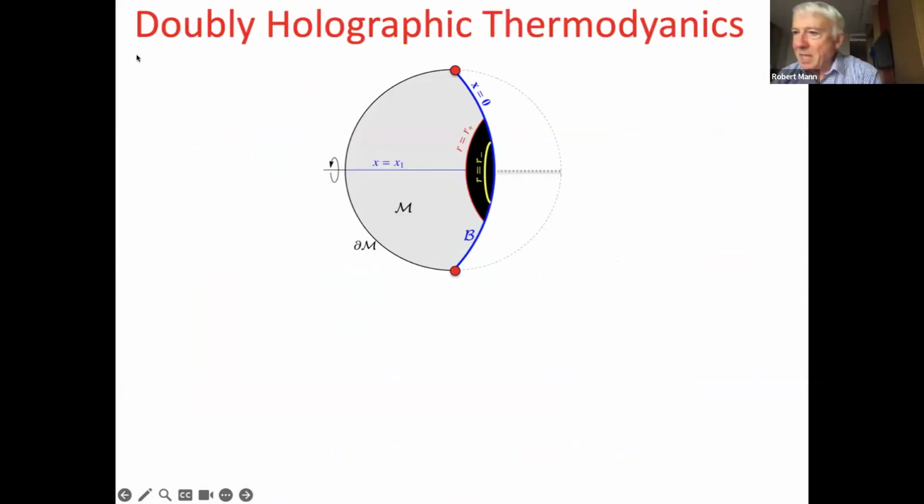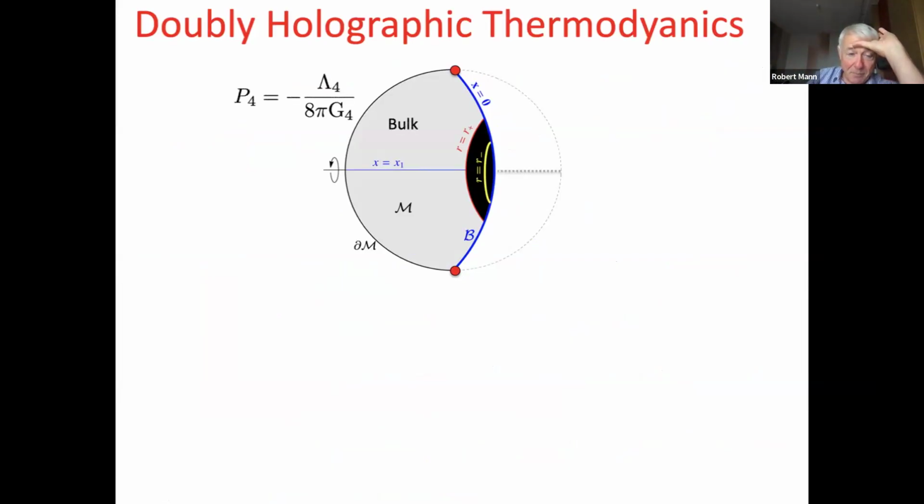So now let me, in the remaining time, get to this doubly holographic thermodynamics of this thing. So we have the bulk, where from black hole chemistry, the 4-dimensional pressure is related to minus the 4-dimensional ADS lambda.